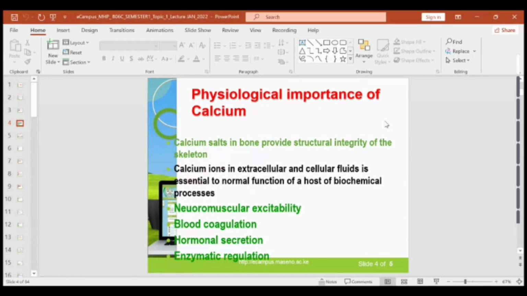Among the functions it plays in the body, it's involved in several processes. We'll later talk, when you review the muscle system, about the excitability and the contraction of the muscle. So your ability to move your hand right now, or your ability to talk, is because of the contraction of the muscles, specifically the skeletal muscles, and that one utilizes calcium.